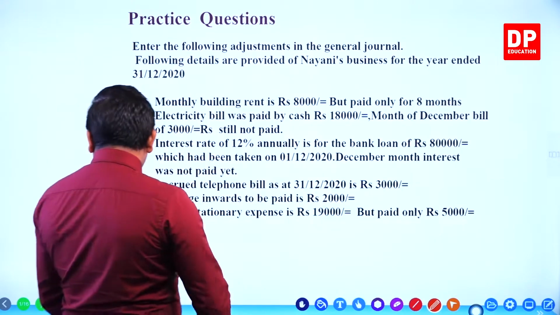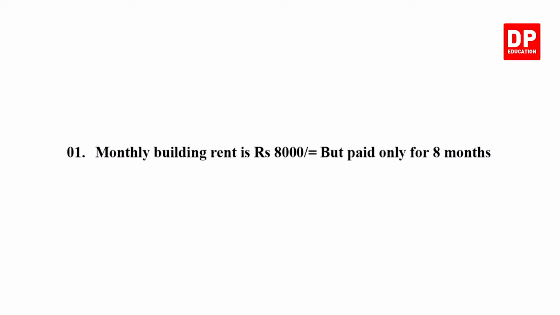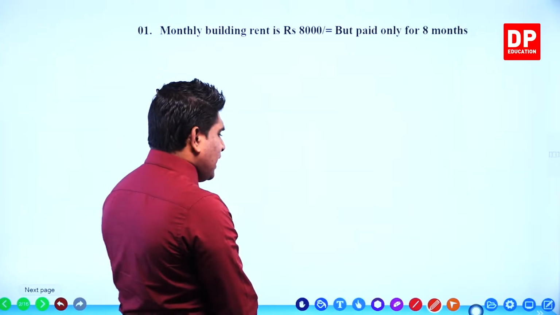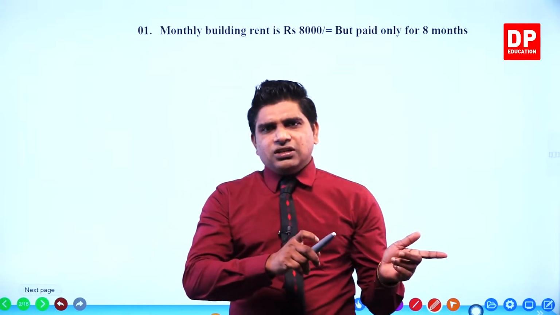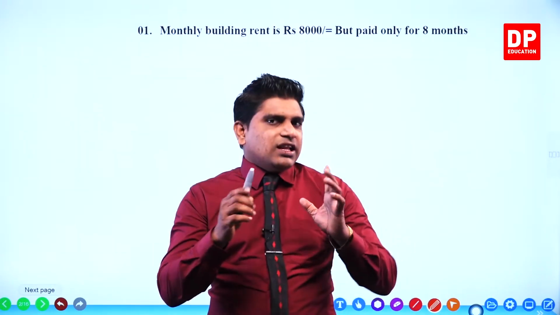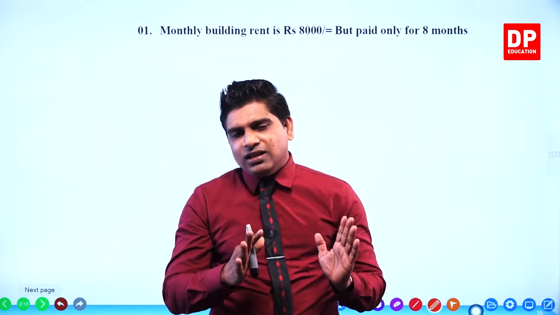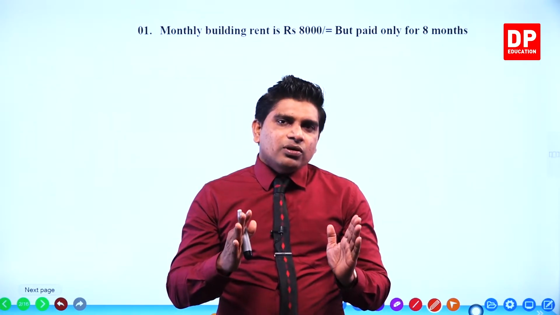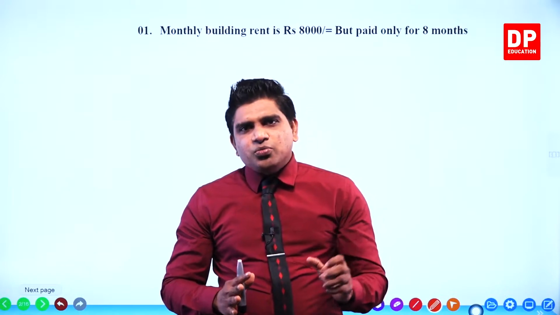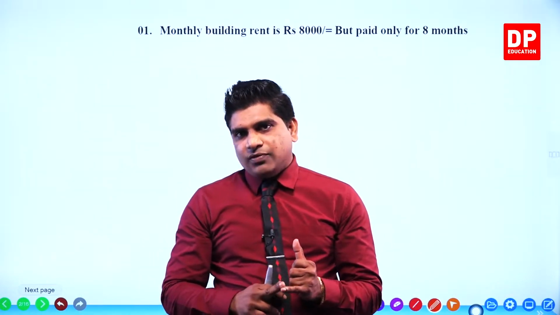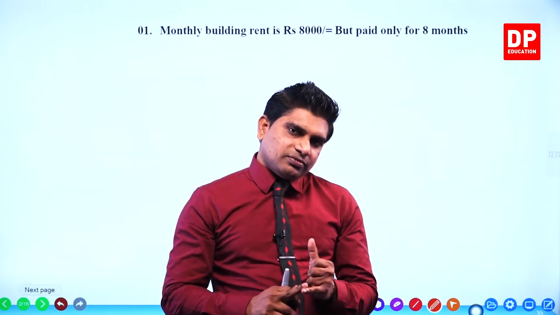Okay. Now, we just read. Then what do they ask? Remember this, at the end of the question, they ask for the required things, what they require from us. Remember, I'll tell it now. Adjustment entries, which we record in the general journal.